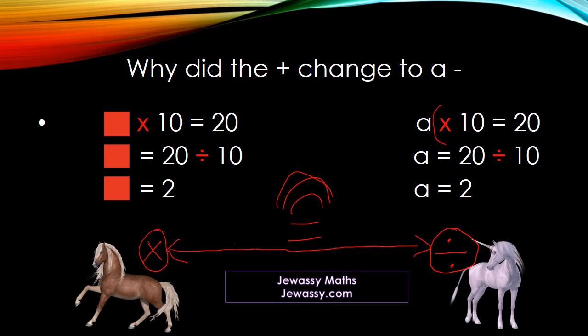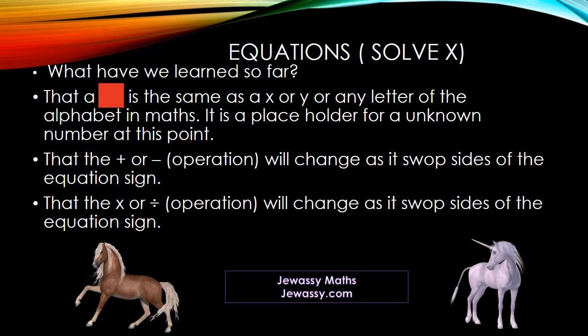And we can see that here. Here is our multiply by 10 goes under our figurative rainbow, which is the equal sign, and it changes into divide by 10. And this is a golden rule of algebraic equations that we need to learn and understand. Just like the positive and the negative sign, positive will turn into negative when it goes under the equal sign to the other side, and negative will change into positive.